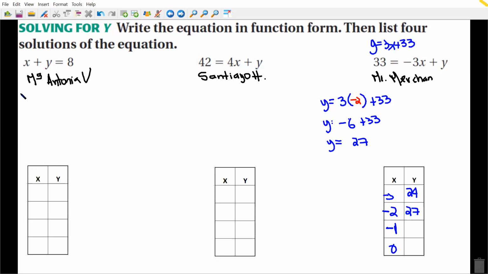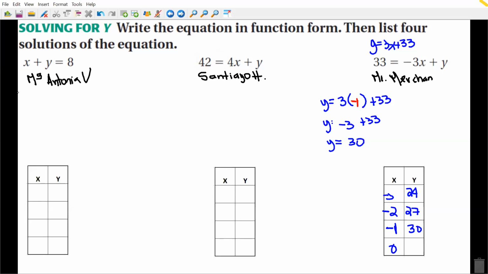Right? I will do the same thing again, but now I will replace for a negative 1. And what's the answer for negative 1, Mr. Merchant? Negative 3 plus 33, which is 30. Right?